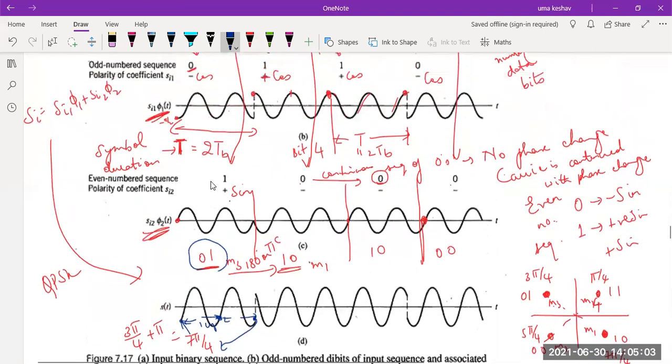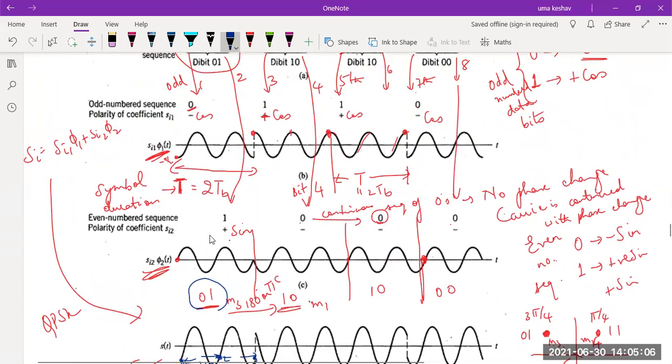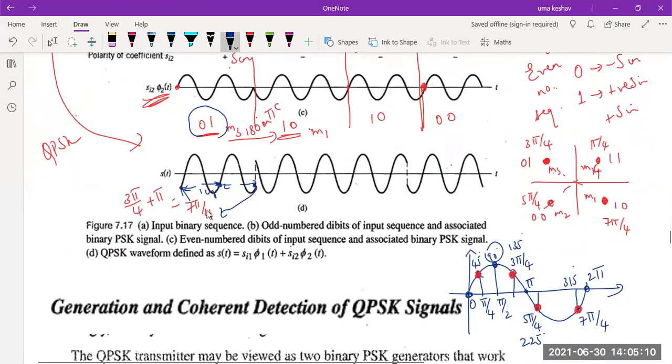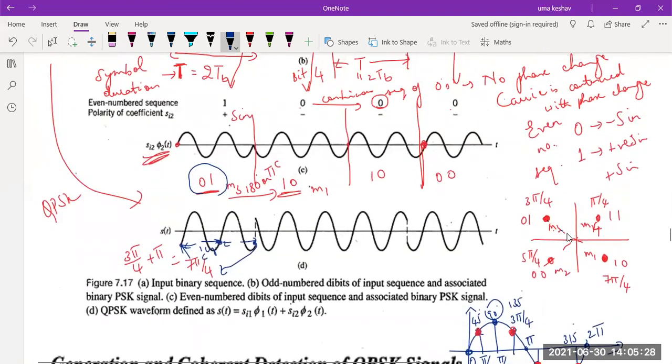Actually, in effect, this is the sum of these two signals also. Whatever signal we have represented here, this cosine and this sine, the sum of those two is also given by the same waveform, which will have a phase of 7 pi by 4 radians. Now, coming to the next dibit pair, between this 0, 1 and 1, 0, as I told you, there is a phase shift of pi radians. So I have to shift this by a straight line.